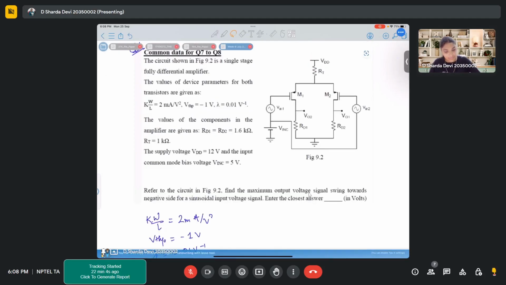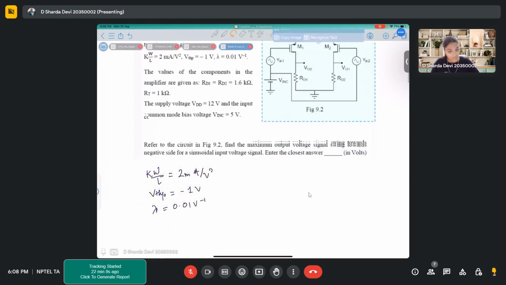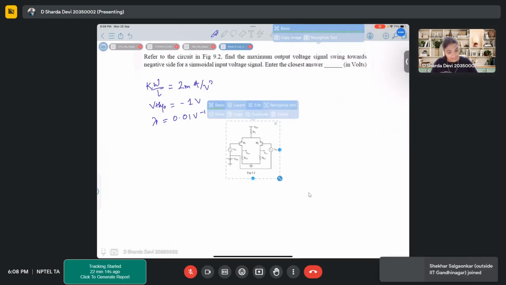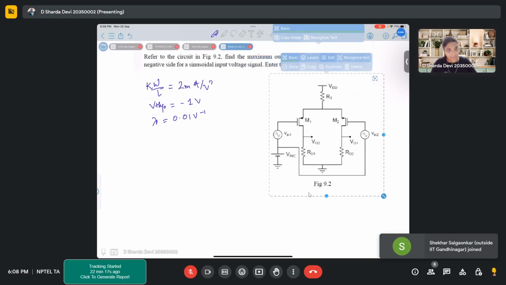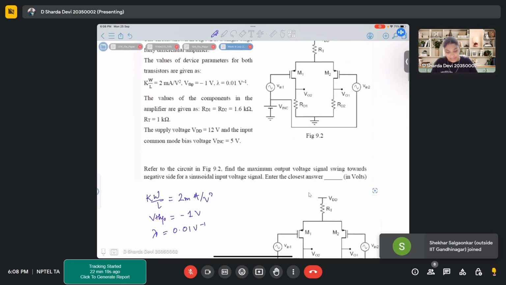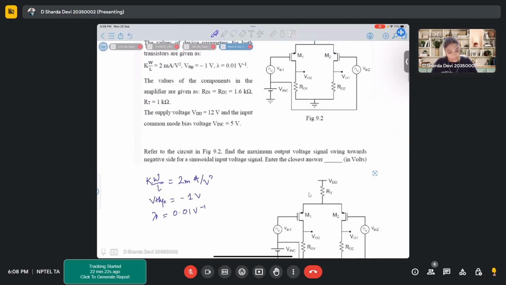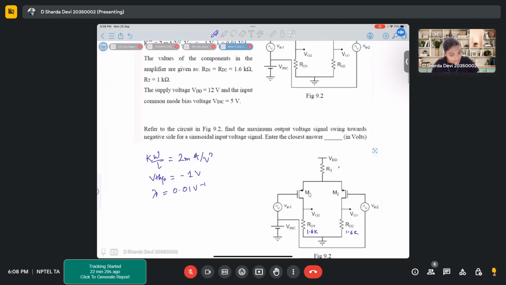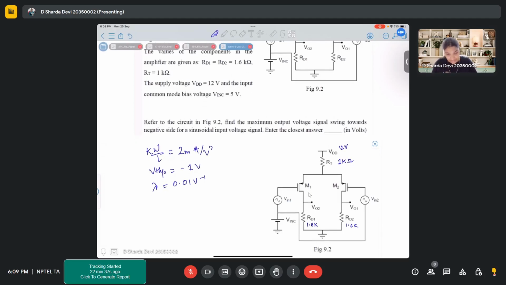RD1 and RD2 are 1.6 kilo ohms, RT is 1 kilo ohm, VDD is 12 volts, Vin, this DC voltage, is 5 volts.